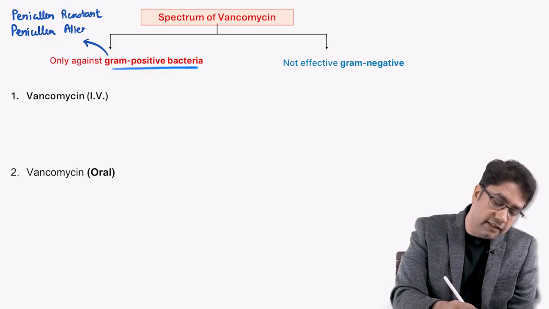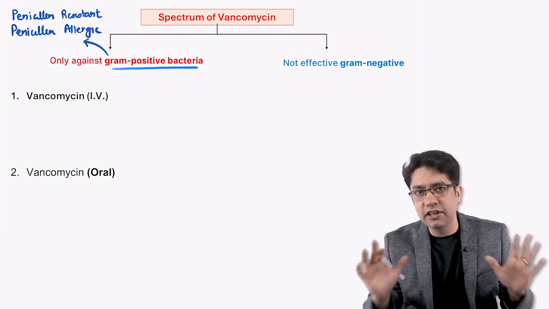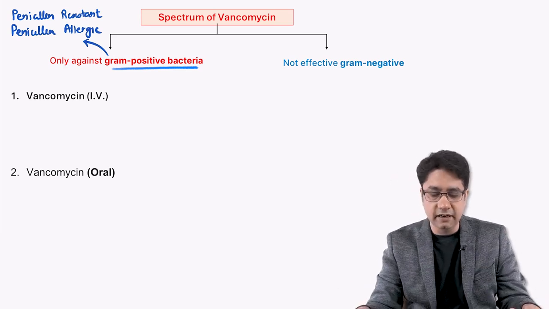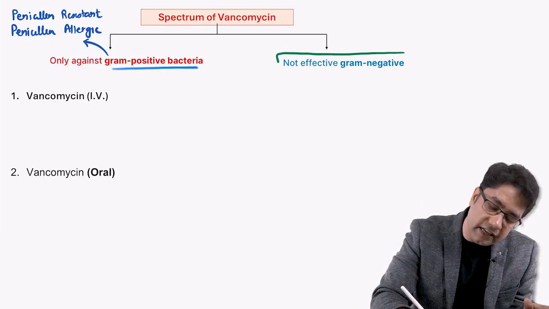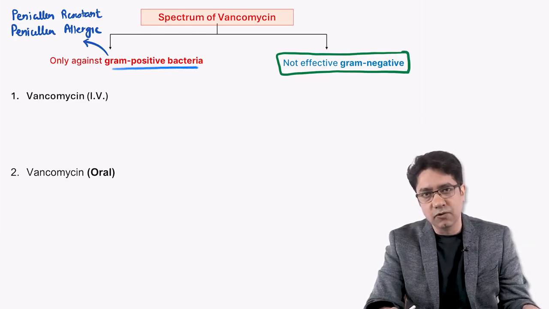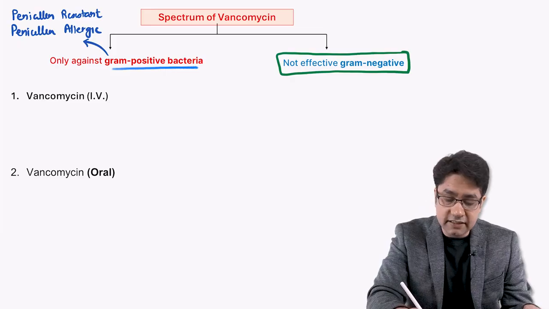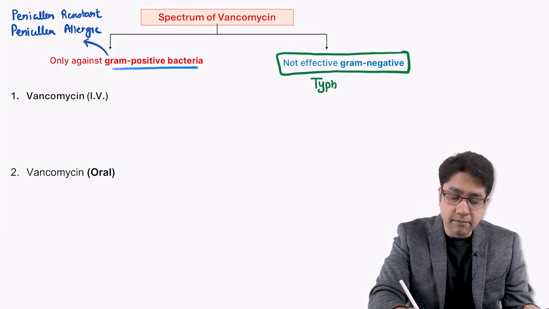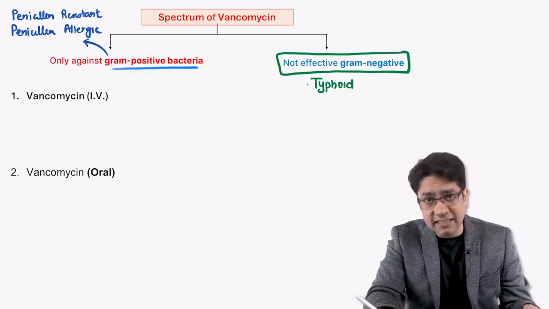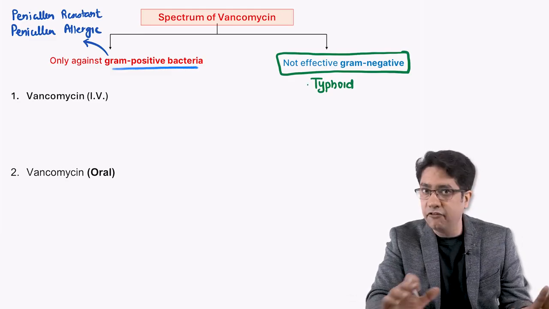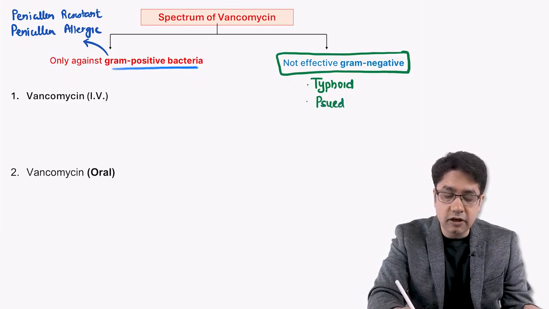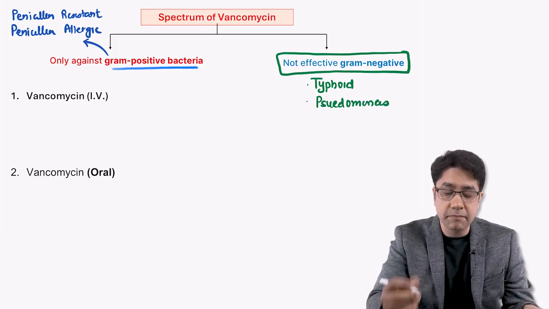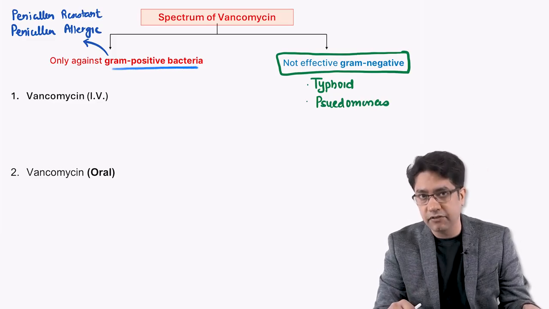But vancomycin is not effective against gram-negative infections. So for any gram-negative infection, if I say, sir, typhoid, Salmonella typhi, gram-negative, is it effective? Sir, you will say vancomycin is not effective against typhoid. It is not effective against Pseudomonas because they are gram-negative infections.